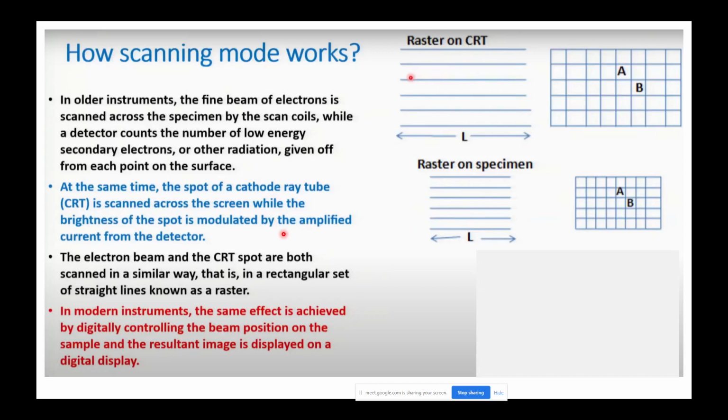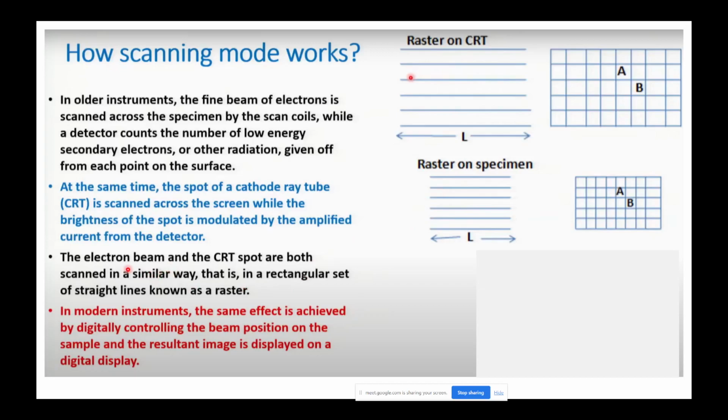The electron beam and the CRT are both scanned in a similar way, in a rectangular set of straight lines. It will scan going like this, then coming back, then again going in the XY direction. So it is called a raster scan.